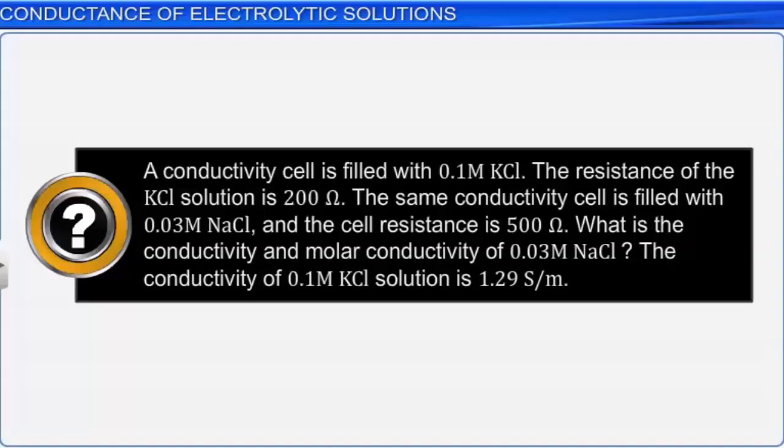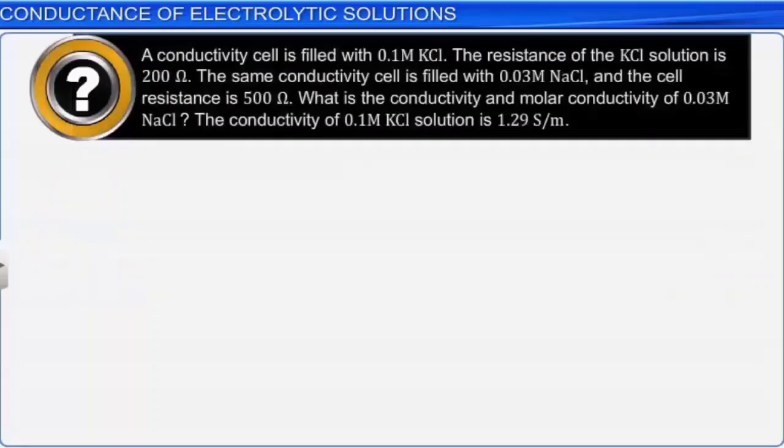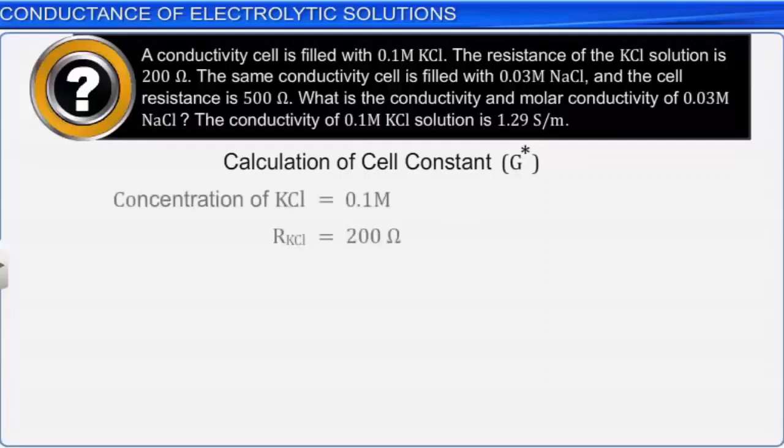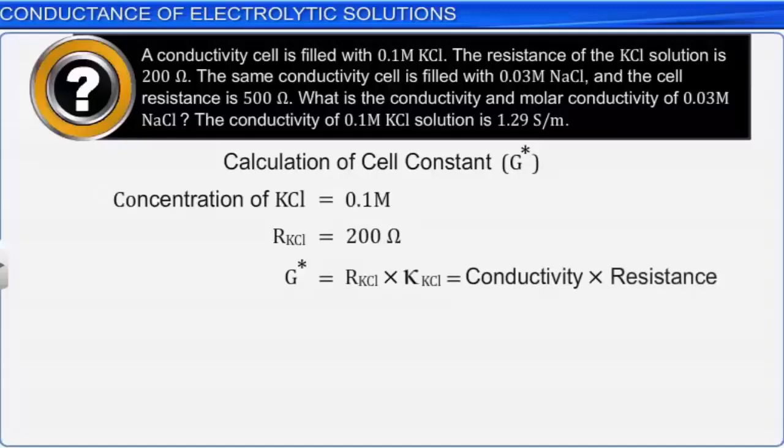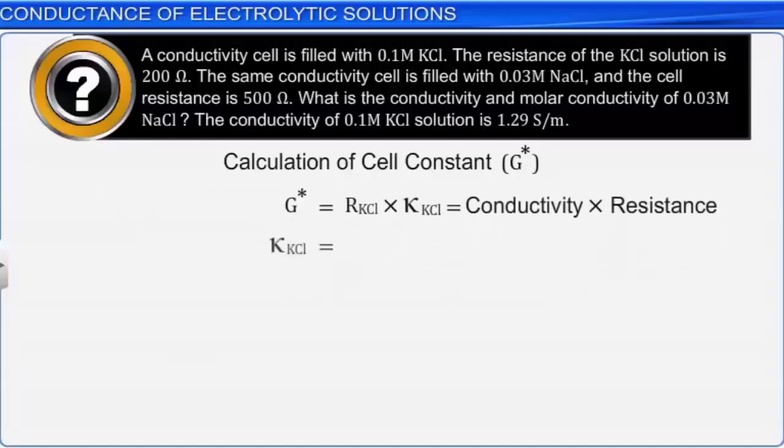Note that there are multiple parts to the problem. Here's our strategy. First, we need to find the cell constant, G star. We can do this by using the information given about the KCl solution. We know that G star is equal to conductivity multiplied by resistance. Given that the conductivity of a 0.1 molar potassium chloride solution is 1.29 Siemens per meter.